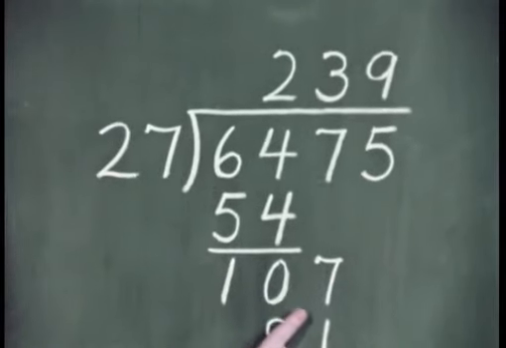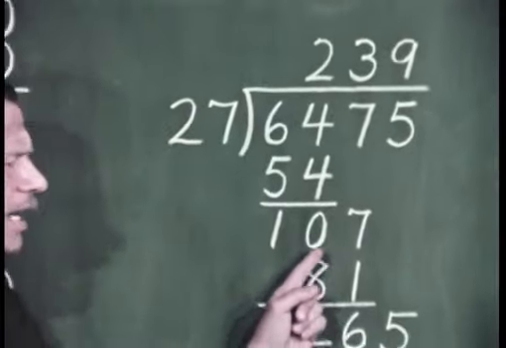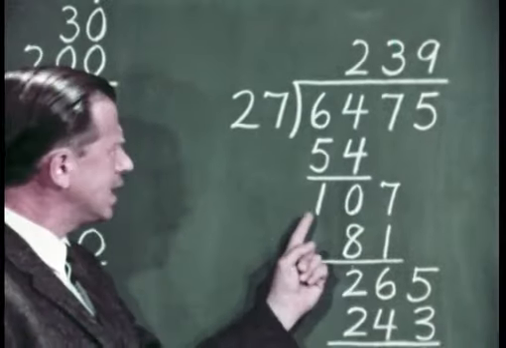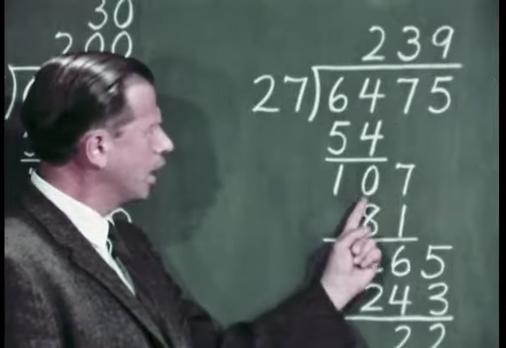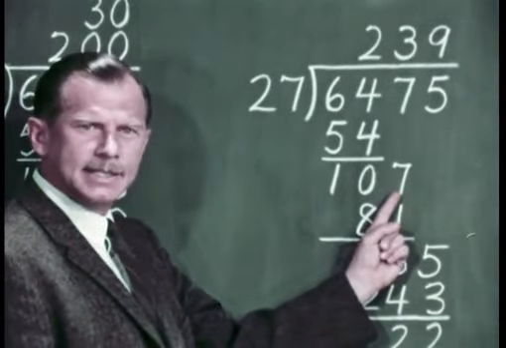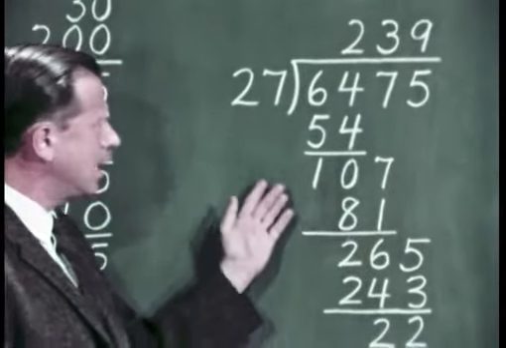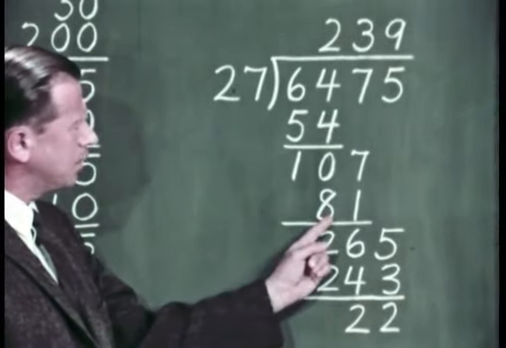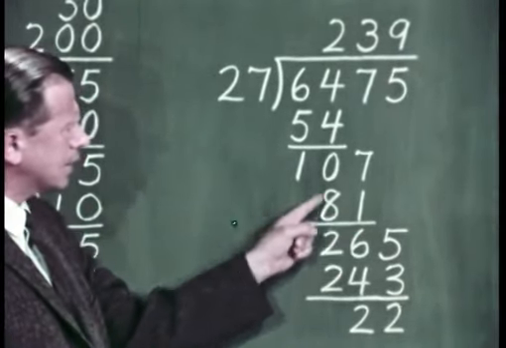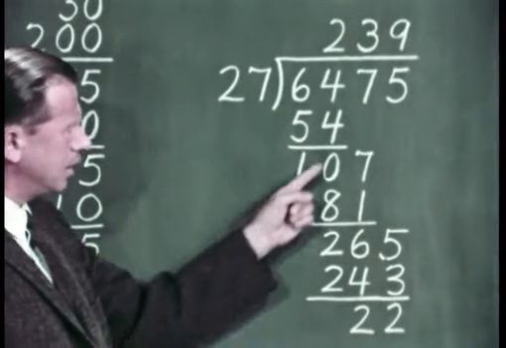The bring down step is really a way of indicating a sum. In this case, 10 hundreds is added to 7 tens to get 107 tens. The whole cycle is then repeated. Divide, multiply, subtract, compare, bring down.